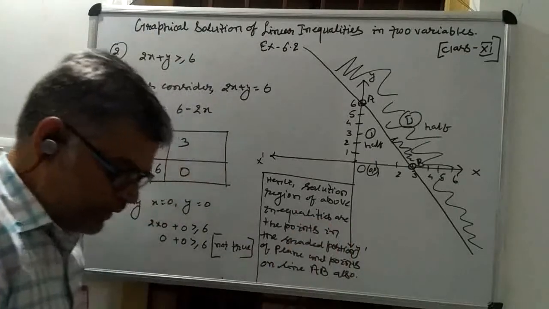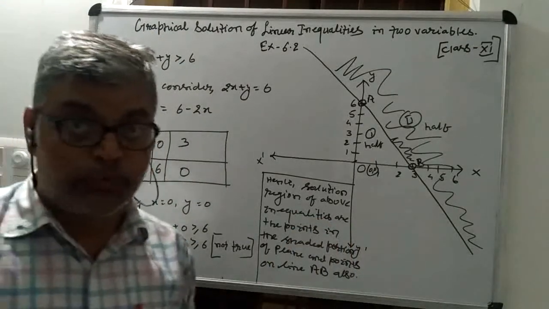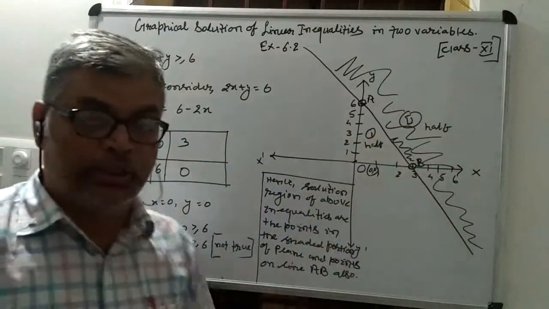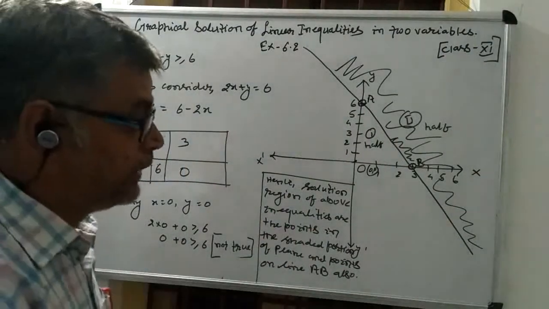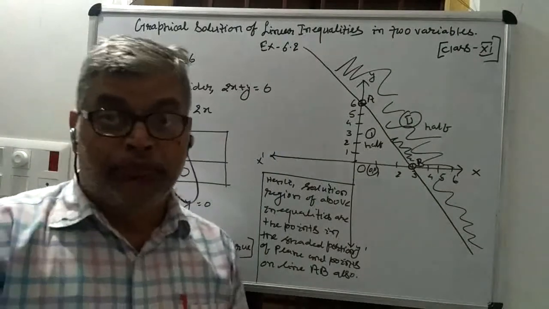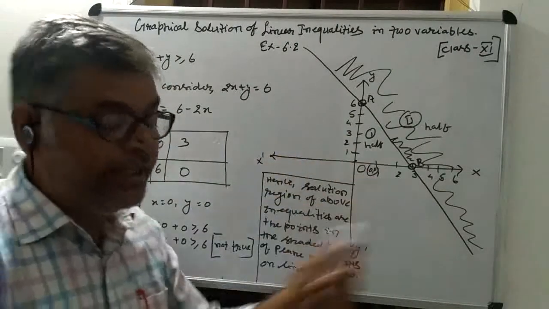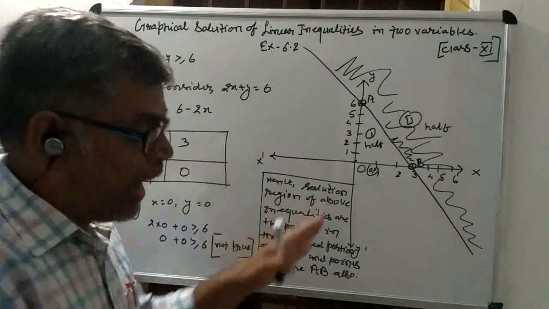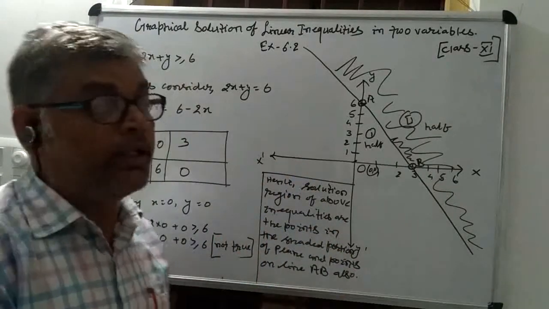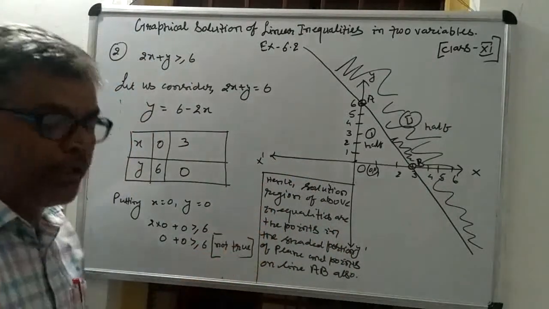It means all the points which are in the shaded portion, that is the second half, and the points on the line itself, each are the solution region of this inequality.